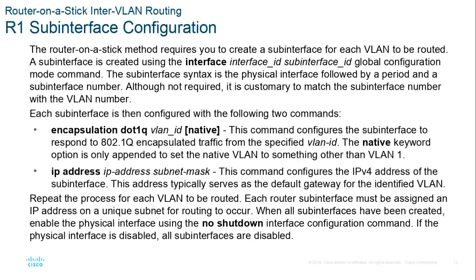The open standard that everyone uses, all vendors support, is one that all vendors are free to use and don't have to pay a fee for. So this is called the .1Q encapsulation method. 802.1Q is the IEEE specification for this. Everybody can use this, and this means that any device can interoperate with any other device. They don't have to all be made by the same manufacturer or vendor.